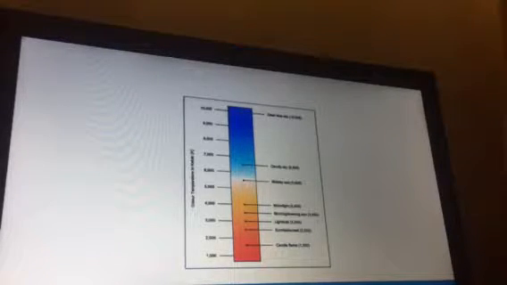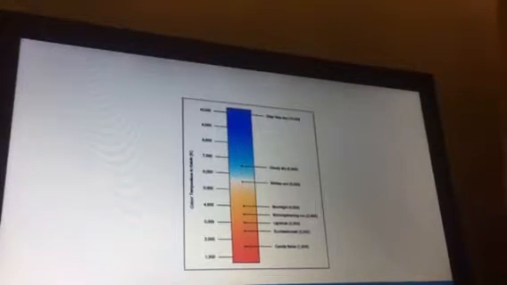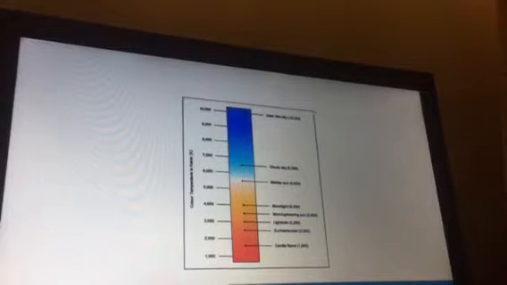Now, it's a little bit of a contradiction in terms of how we discuss it. So it could be a little bit confusing at first, but just pay attention and it'll make a little bit more sense. But in terms of how we discuss it, the hotter a light source, the colder the light it produces.